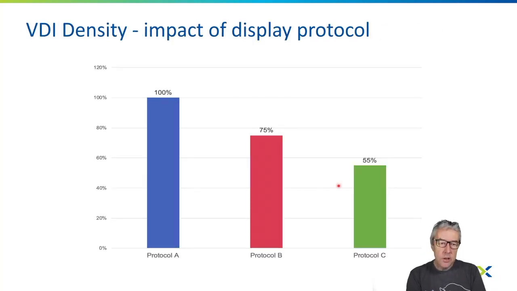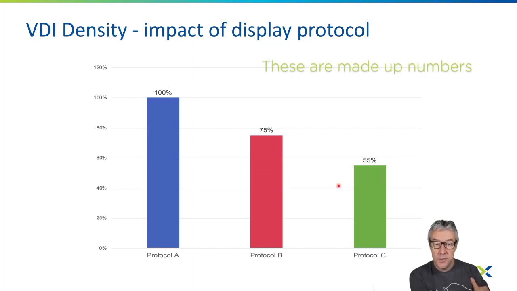Then look at things such as the display protocol. So this isn't a bake-off between HDX, between PC over IP or BLAST or RDP or whatever. This one is made up numbers, to be perfectly honest, but there are differences in the display protocol. There are also differences in the way those display protocols react under different circumstances.